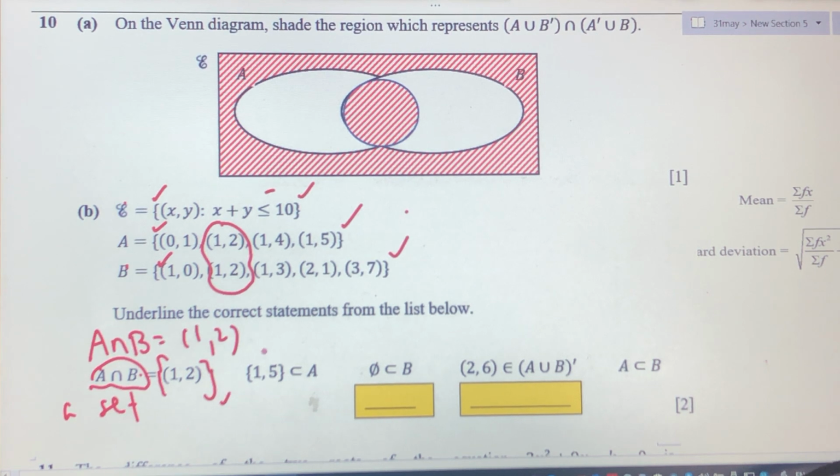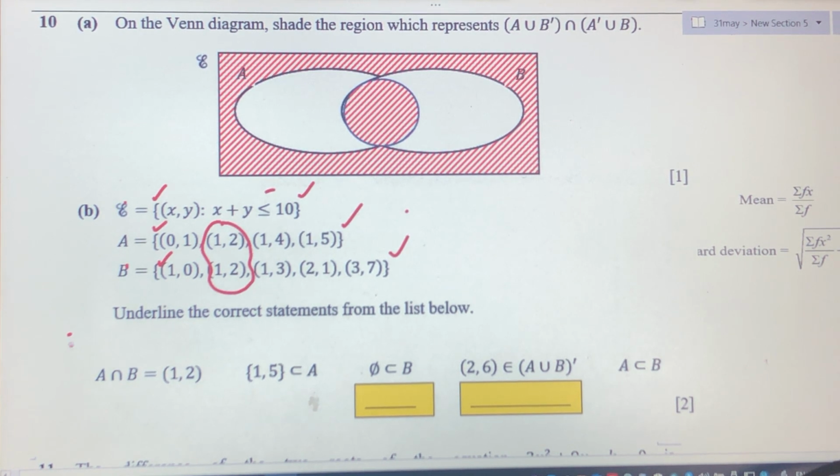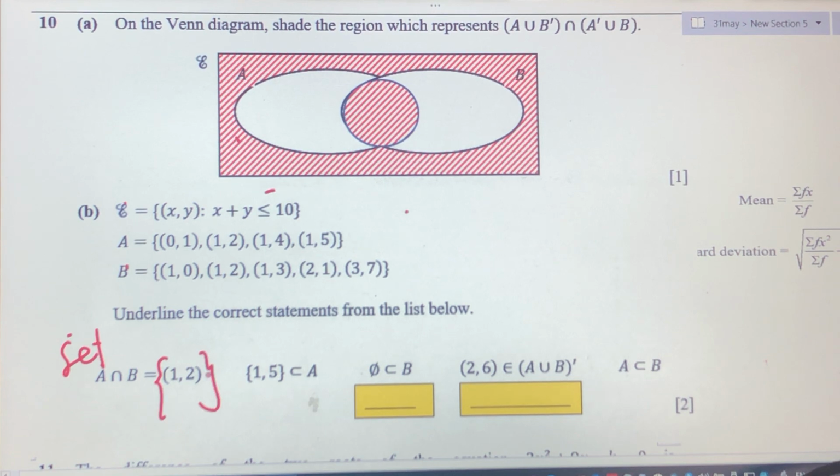Now the statement you are saying is that this set is actually this element. Cannot. You must have braces, like that. So that's the reason why it's wrong. Like that, then it's correct.